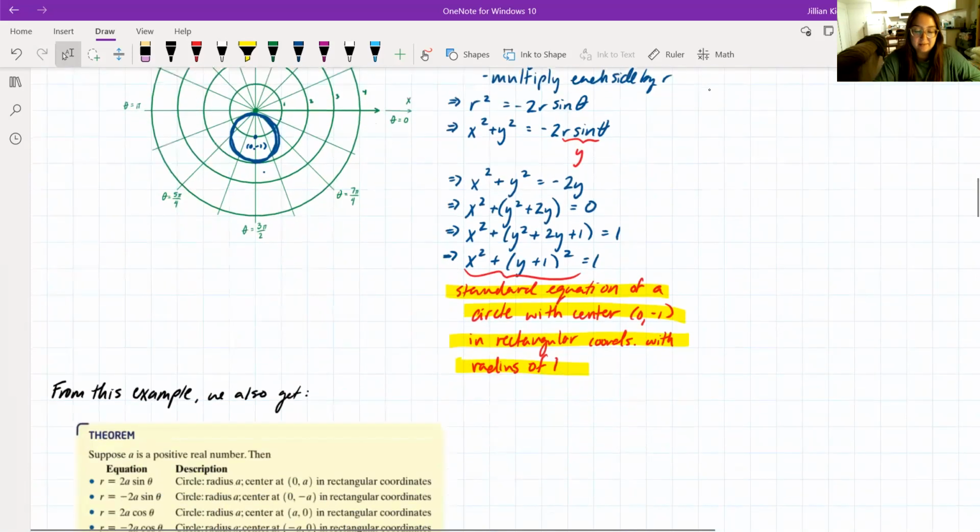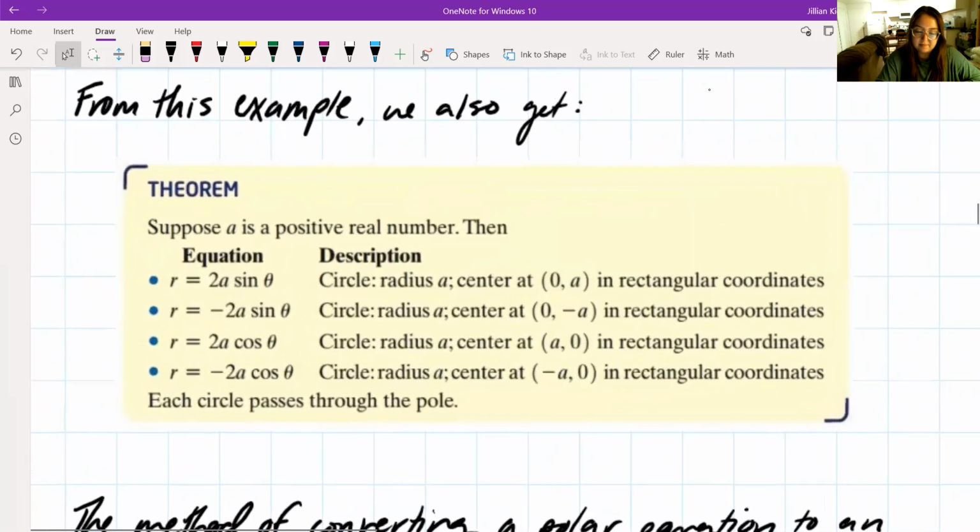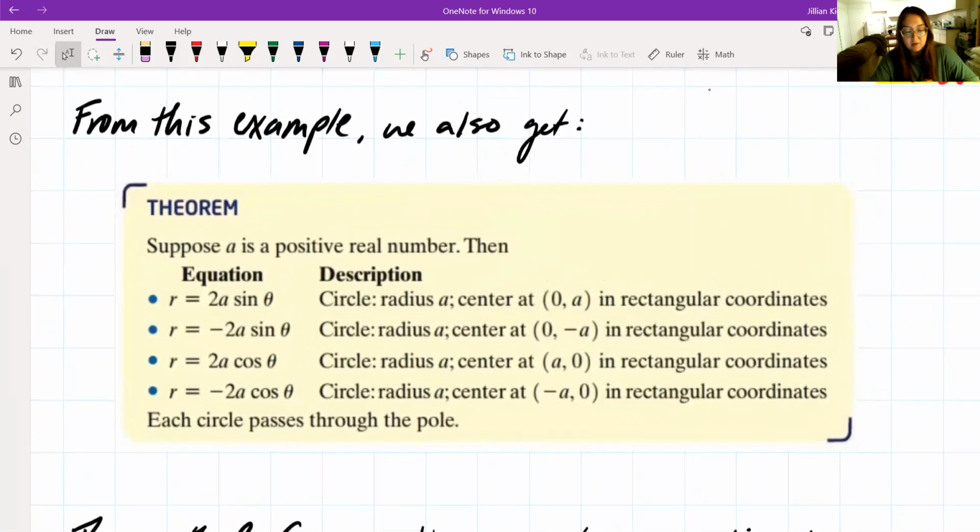So, all right. From this example, we can also suppose that a is a positive real number. Then, if we have something that looks like positive or negative 2a sine of theta or positive or negative 2a cosine of theta, with our 2a sine of theta, our circle is going to have a radius a.